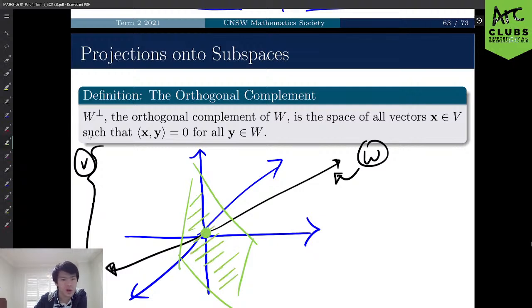Because then if you take any vector in this plane, it will be perpendicular to the line. And that's what the orthogonal complement is. It's a space of all vectors x such that <x, y> equals 0 for all y in the original space. So in this example, we'd have W equals the line, and then we have this plane equals W complement.